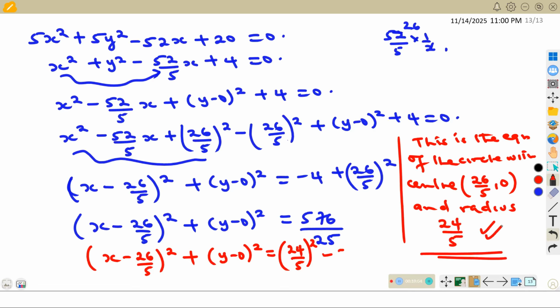And that will also be answered. So therefore, the locus is a circle.